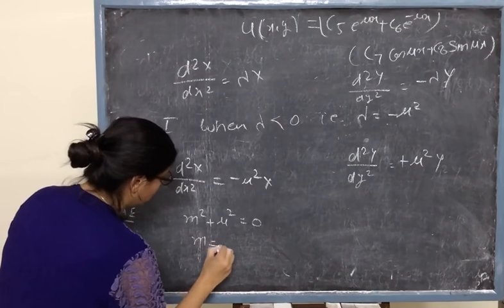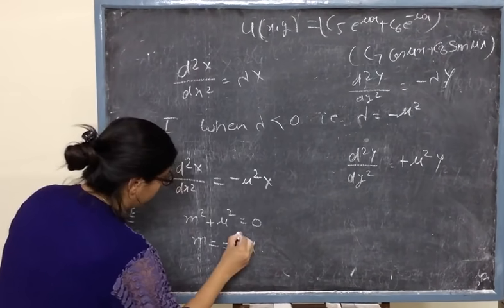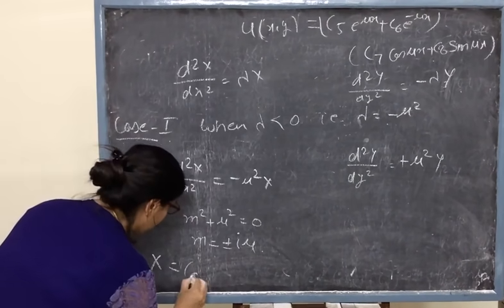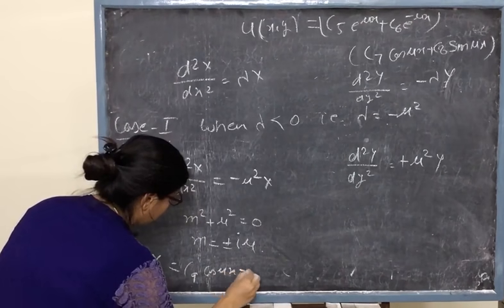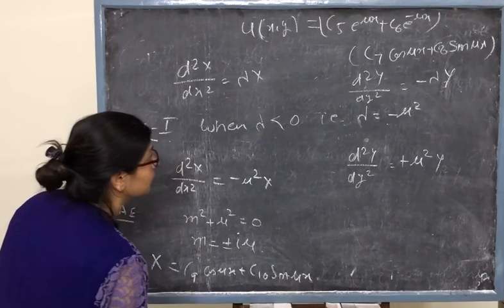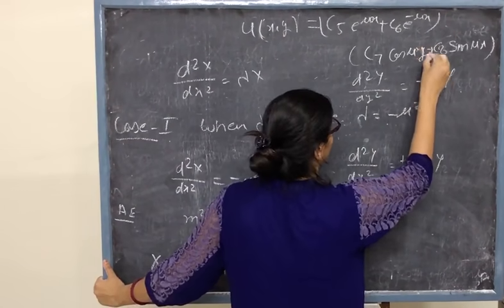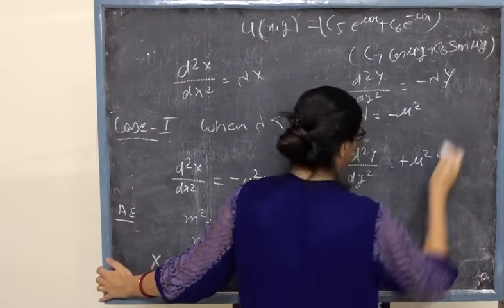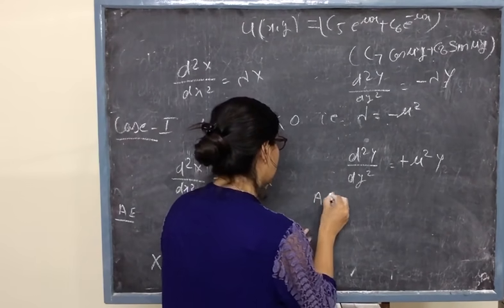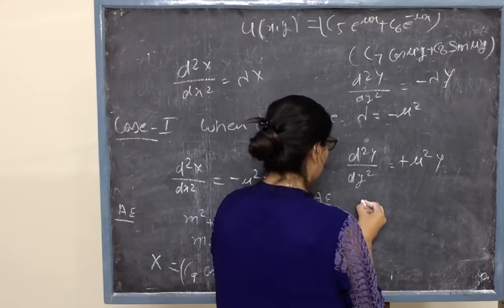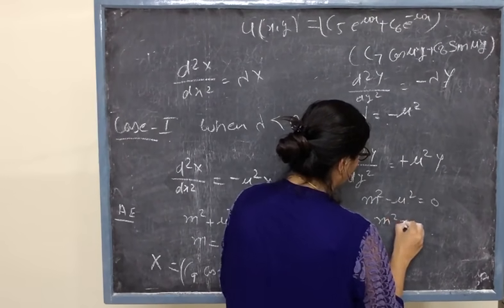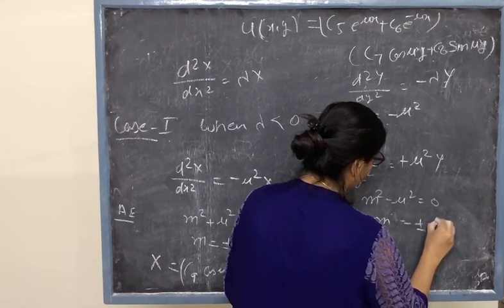Here we will get m = ±iμ. Then the solution is X = c9 cos(μx) + c10 sin(μx). And for y, the auxiliary equation should be m² - μ² = 0, which gives m = ±μ.